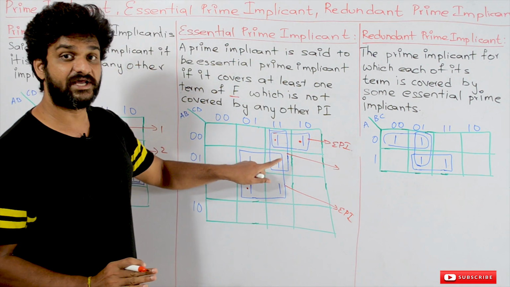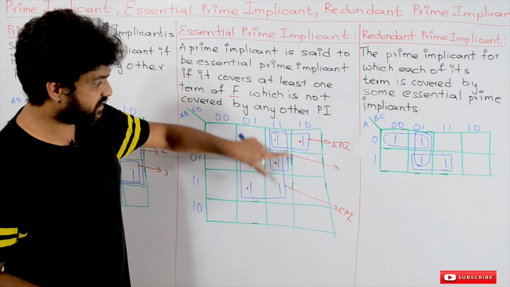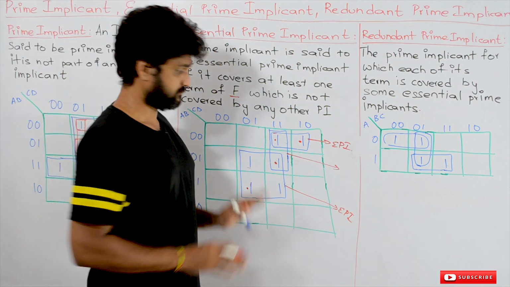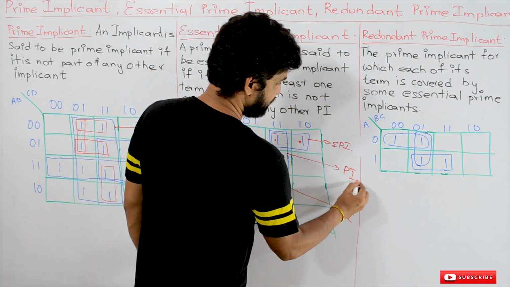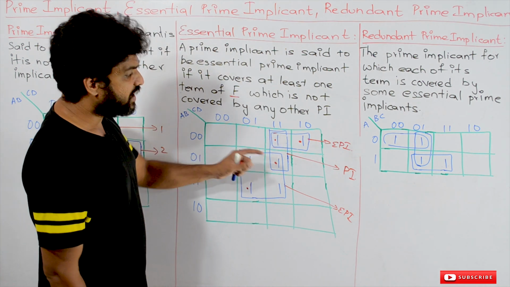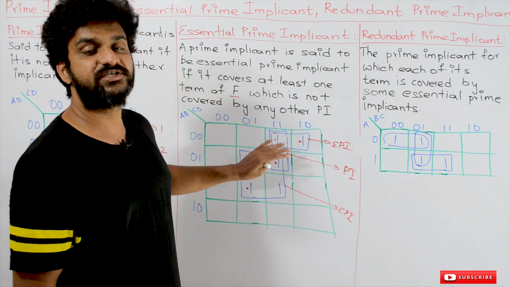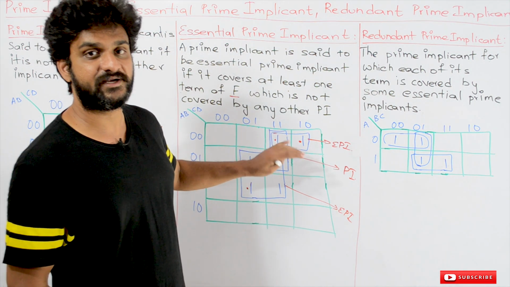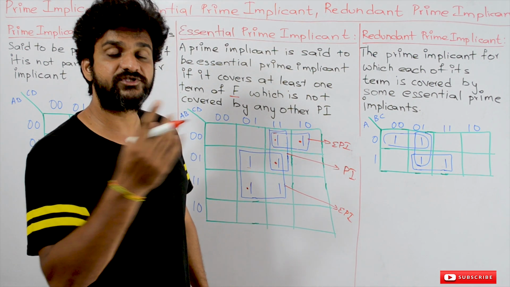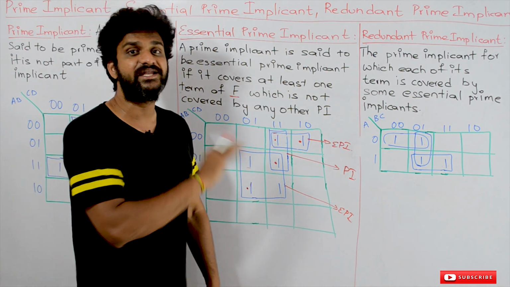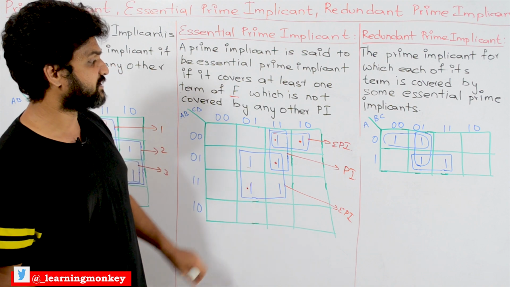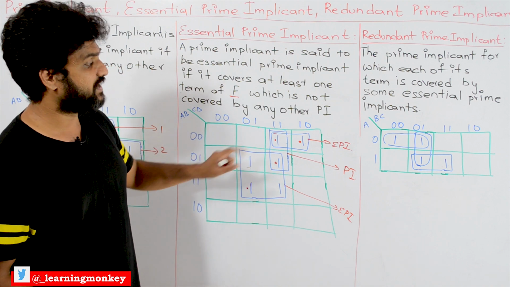Those kinds of implicants are not essential, just prime implicants. To be essential, it should have at least one term not covered by any other prime implicant. But no such term exists in this prime implicant.